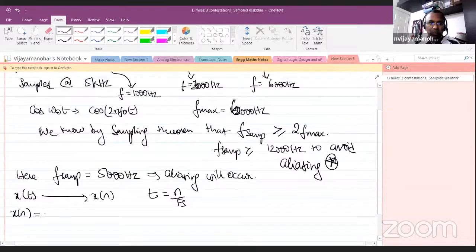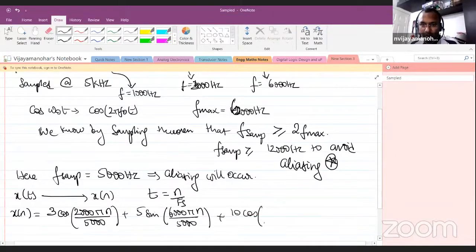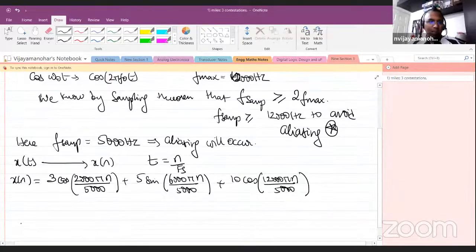So x of n will become 3 cos 2000 pi, where t I have to replace by n by fs, which is 5000, plus 5 sine 6000 pi n by 5000, plus 10 cos 12,000 pi n by 5000.